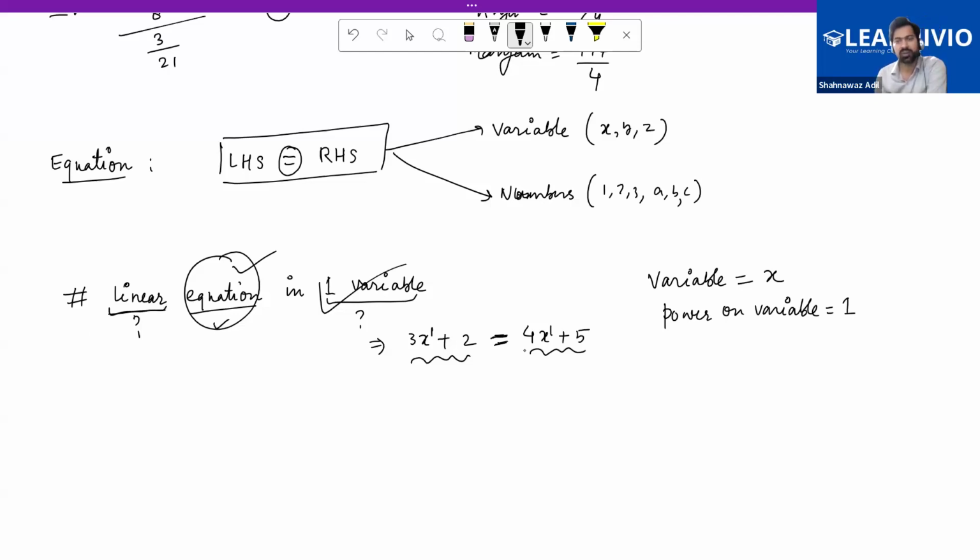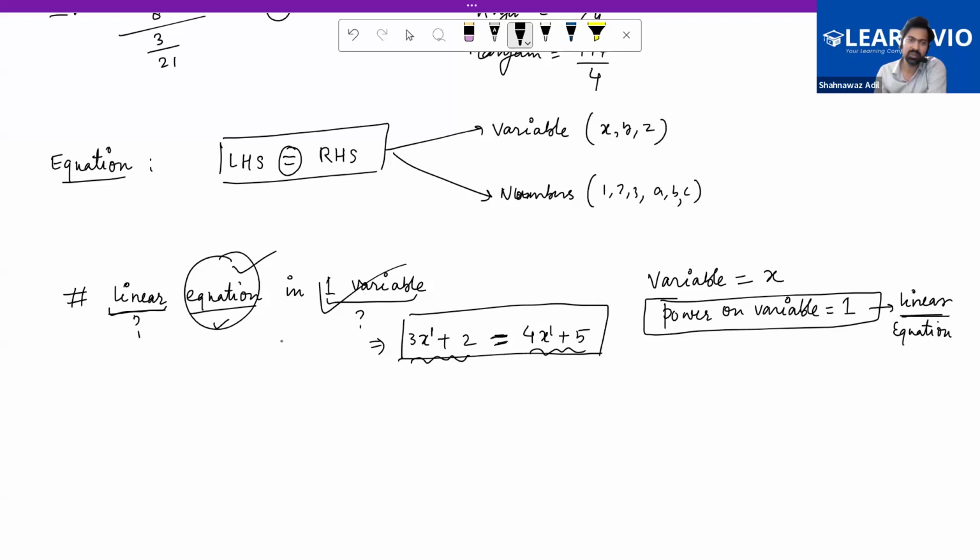Whenever you have a variable, the power on the variable should be the highest power, but we are only talking about linear equations. So if the power on the variable is 1, and this is an equation, it is called a linear equation. And it has only one variable, so this would be called a linear equation in one variable. Is it clear, everyone?